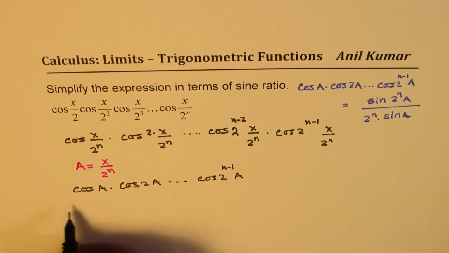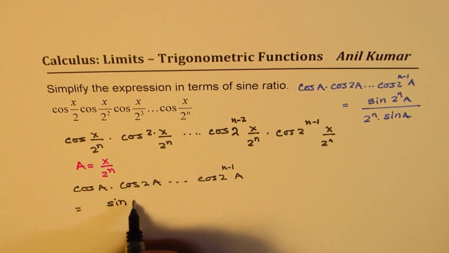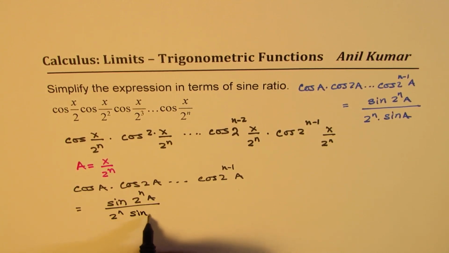Correct? So therefore, this could be written as sine of 2 to the power of n times a divided by 2 to the power of n times sine a. A for us is x over 2 to the power of n.